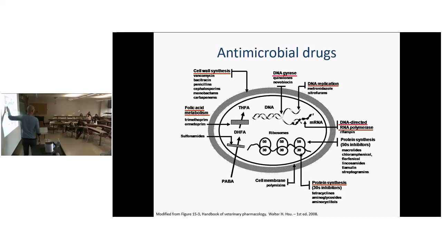Okay? Some of them depend more on folic acid. Some of them, obviously, have big cell walls, like gram-positive bacteria. So penicillin tended to be in the beginning only for those. Now you have different kinds, synthetics, different generations of antibiotics that can act more broad spectrum.